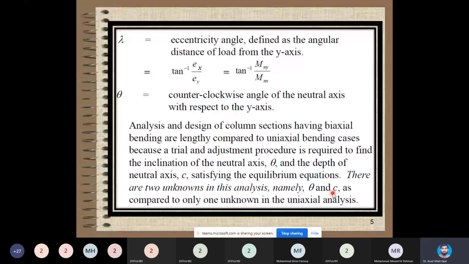Even in this case, it is easier to select C and theta randomly and keep on doing calculations. For each selected C and theta, you will get P, Mx and My. And each C and theta, and each P, Mx and My, is one point on the surface.